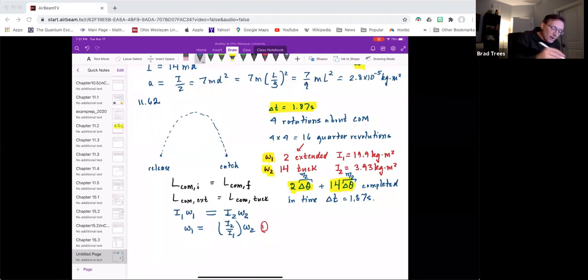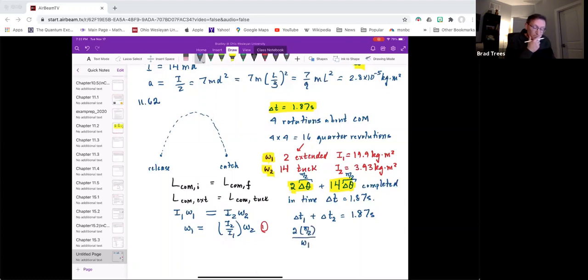So I want the total time to complete the 2 extended quarter revolutions and the total time to complete the 14 tuck revolutions to equal 1.87 seconds. I think I want to do it that way. Now the delta T1, that time, will be the amount of rotation, 2 times pi over 2, over omega 1.